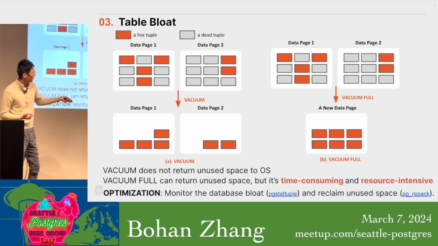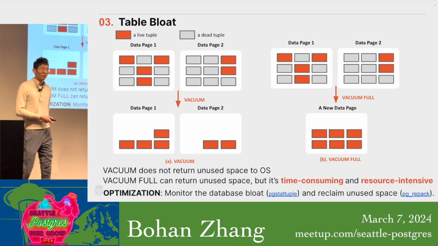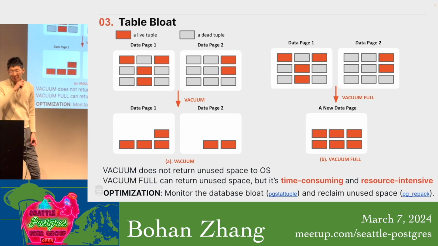There is also a package called pg_repack. That one is an online version of vacuum full, so when you use that, it will not block other operations. So this is the table bloat problem and some optimizations for it.